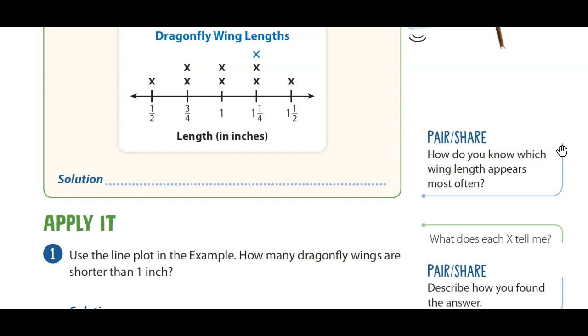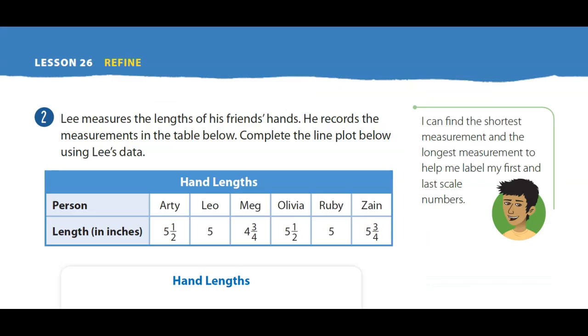Because if I asked you how many are 1 inch or shorter, that would be these right here plus this. Okay. But the question below says how many are shorter than 1 inch. Then I just need those. Okay. Got to listen and read very carefully what each question says, depending on what they tell you. Okay.